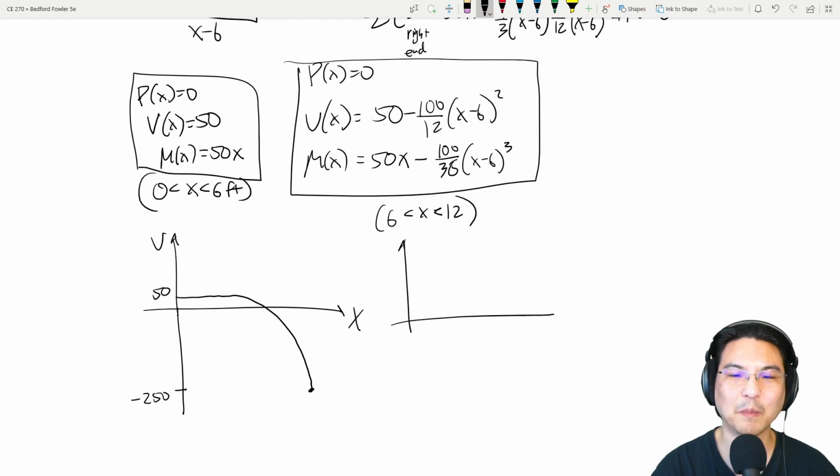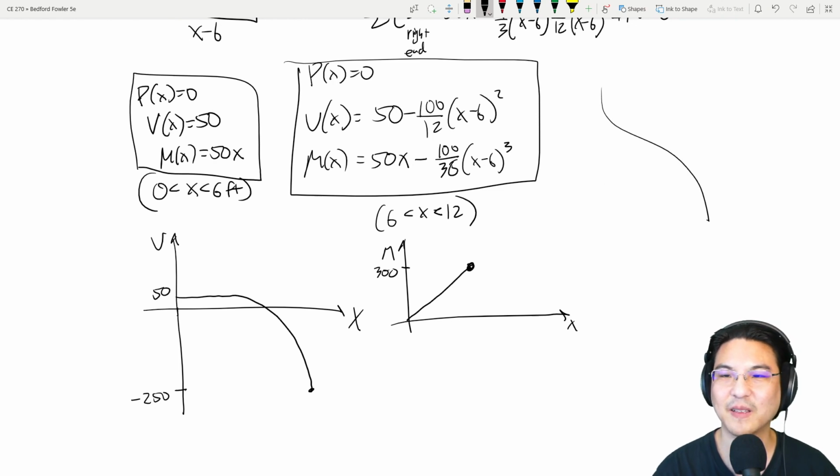Okay, and then bending moment looks like 50x, so kind of like that. And then at x equal to 6, that's up here at 300. And then for here now, at x equal to 6, that's 0 and that's 300, so it's still over here. And then what does that look like? A cube looks like this, and then there's a minus sign, so it looks like this.